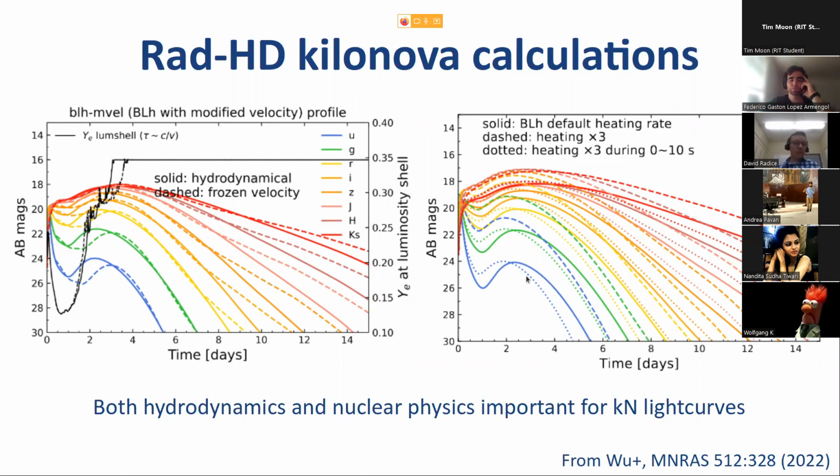And this is because if you change the heating rate at early times in the ejecta, this changes pressure forces in the outflow and changes the distribution, the radial stratification of the outflow. And this is why this early time heating rate somewhat surprisingly actually has a big impact on the light curve at several days after merger. So you can see this can be even a couple of magnitudes in the worst cases.